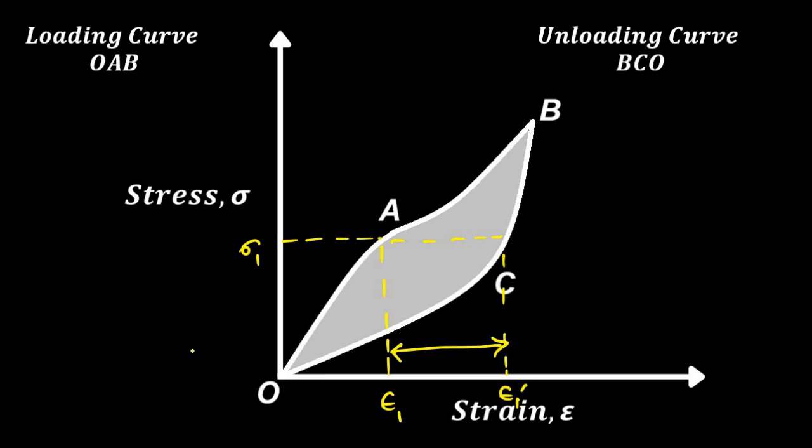For the same stress levels, during loading and unloading, the strain levels are different. During loading, it takes one value. During unloading, it takes another value. This gap between the initial strain and the final strain during loading and unloading is called residual strain.